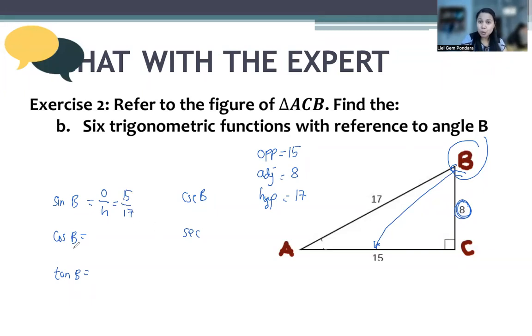How about cosine B? In the chat box. Ka, right? So that's 8 over 17. Very good. How about tangent B? Tangent B is TOA.